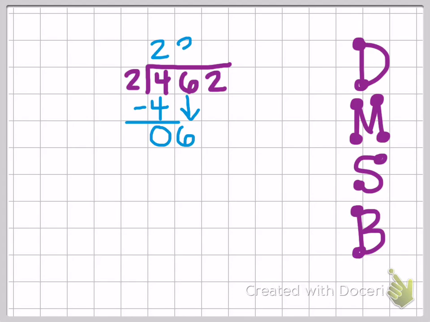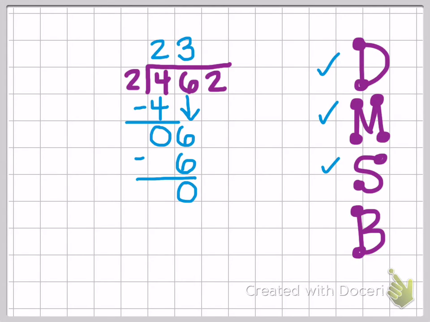We place the 3 here. Next, our step is to multiply. The answer we just got, 3 times 2. 3 times 2 is 6. You place it underneath the last remainder. Now we're going to subtract. 6 minus 6 is 0.